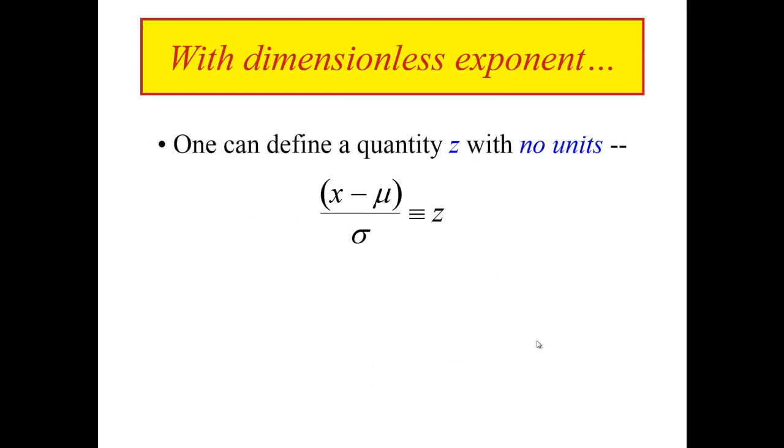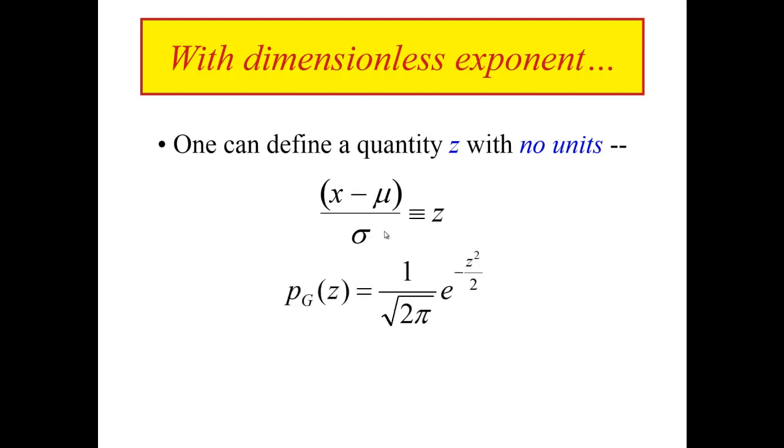One way to simplify the mathematics just a little bit is to define a quantity z that's dimensionless, that is going to go into the exponent, where z represents, for a particular value x, how far it is away from the mean as a ratio of the standard deviation sigma.